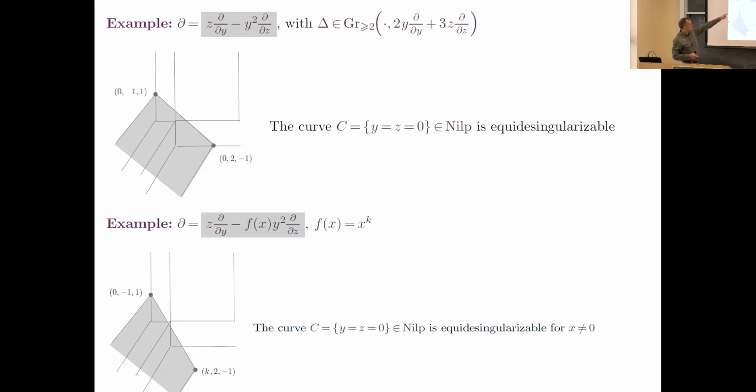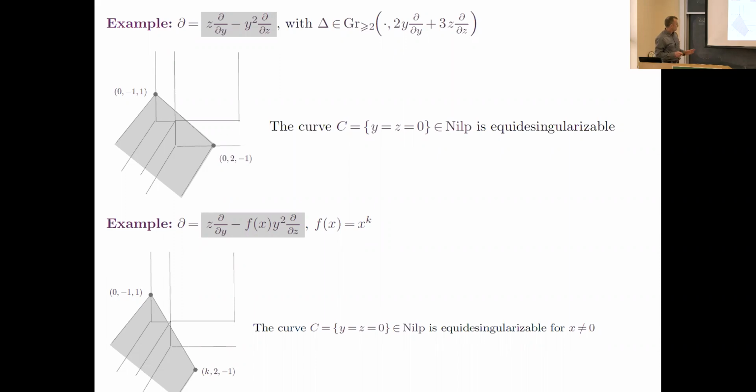In this case, I've drawn the Newton polyhedron at the origin, and you see that the algorithm at the origin is not the same that you would achieve on a point on this curve where x is different from 0.